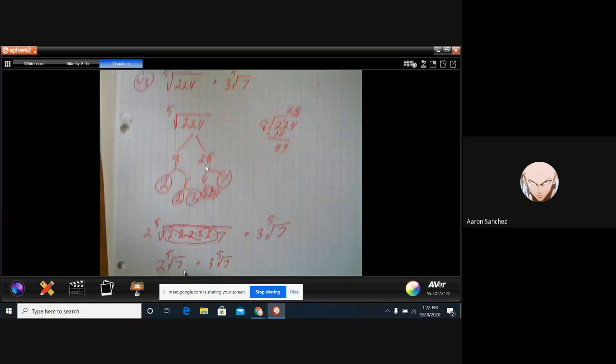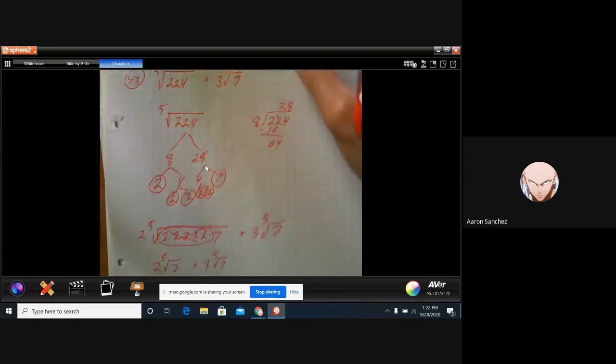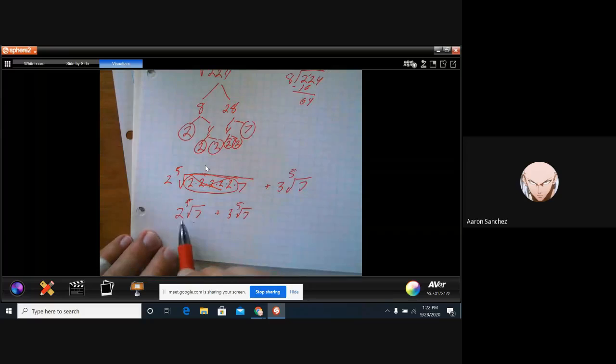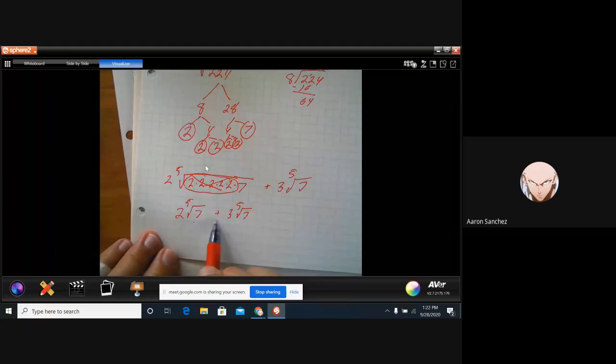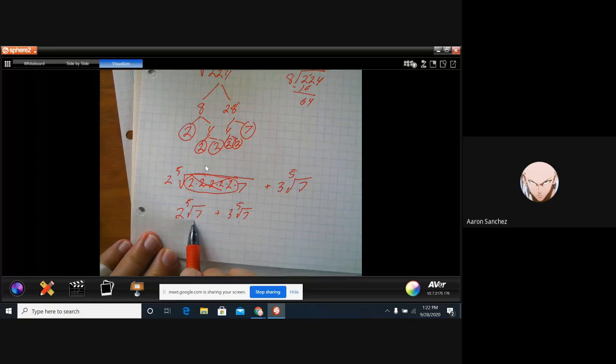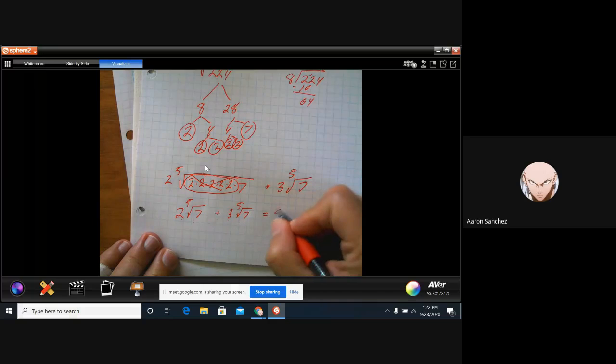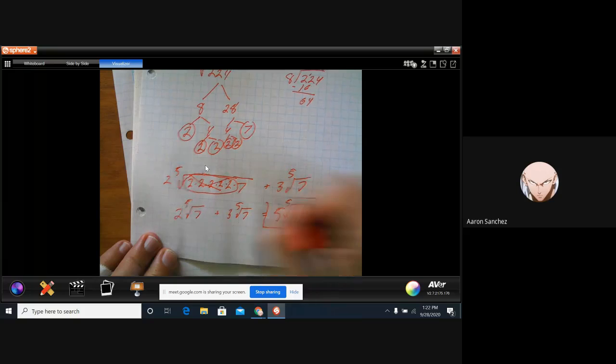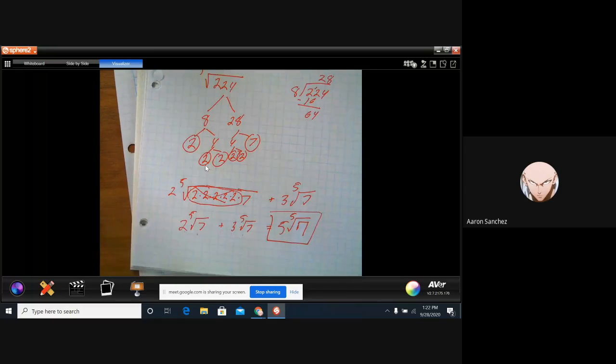Now I have 2 5th root 7s plus 3 5th root 7s. Remember my apples? I have 2 apples plus 3 apples, but instead of apples, I have 5th root 7s. How many 5th root 7s do we have? We have 5 5th root 7s. There you go. That was 43.